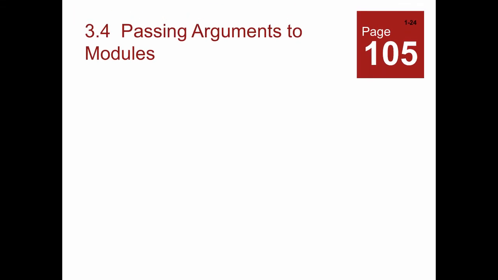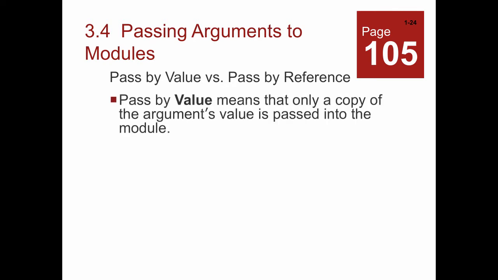One of the big things about programming is programming security, and the way to make sure that the program itself stays intact and your data is not compromised is to realize there are two ways of getting the data from the main module to the submodule, and the way that we do that is called passing by value or passing by reference. If you pass by value, it means that only a copy of the number or whatever you're going to pass goes over there, and you can manipulate it and change it, and it doesn't change the original value that it came from.